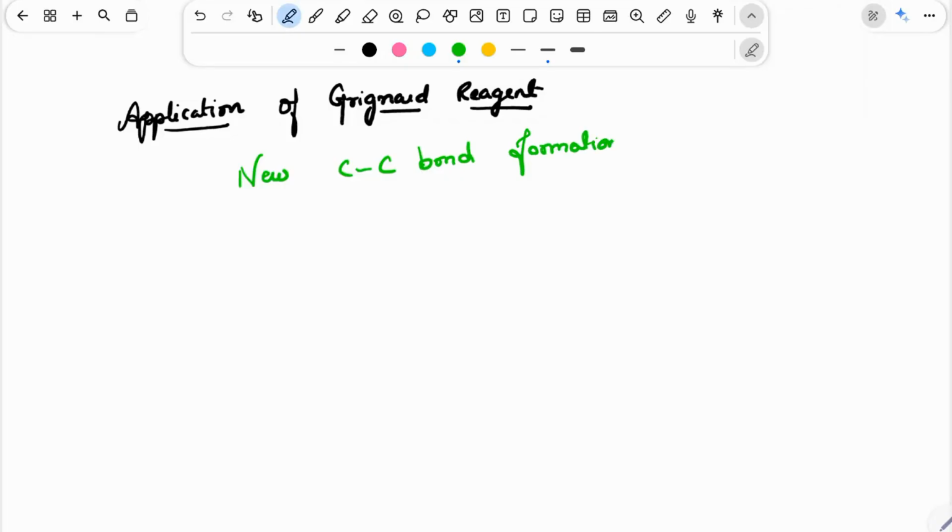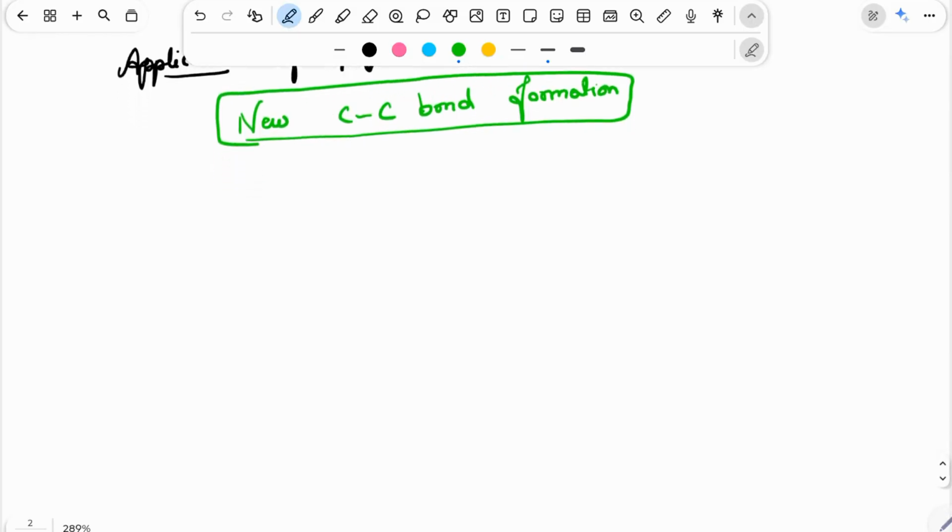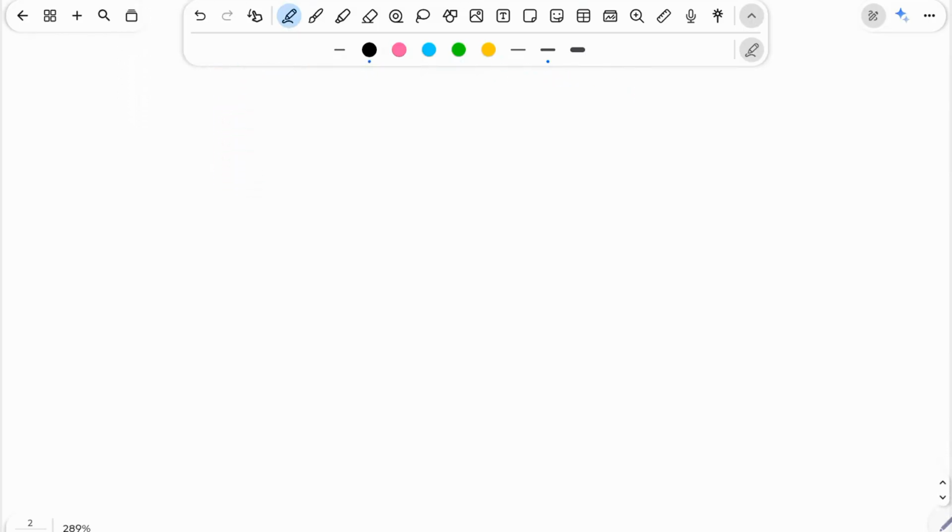One thing we can easily observe is that a new carbon-carbon bond forms. With the Grignard reagent we can make a new carbon-carbon bond. For this reason, it is widely used in the preparation of alcohols, aldehydes, ketones and carboxylic acids.